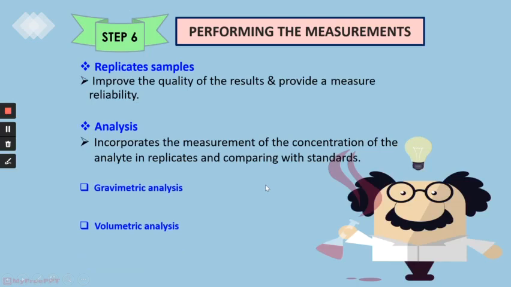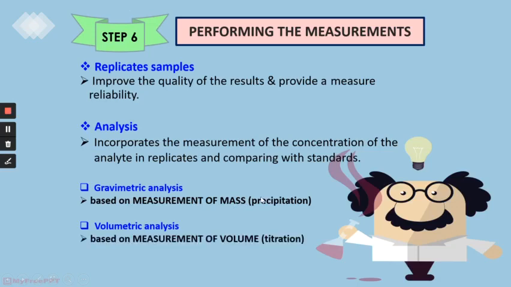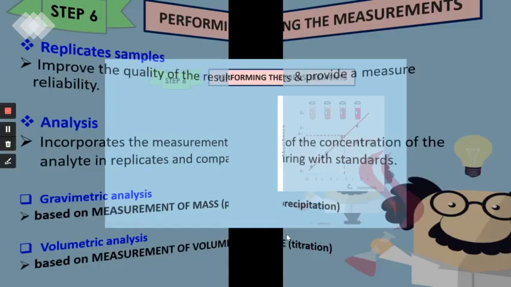You might do gravimetric analysis and volumetric analysis. Gravimetric analysis is based on measurement of mass, where you might do precipitation. Volumetric analysis is based on measurement of volume, where you can do titration.